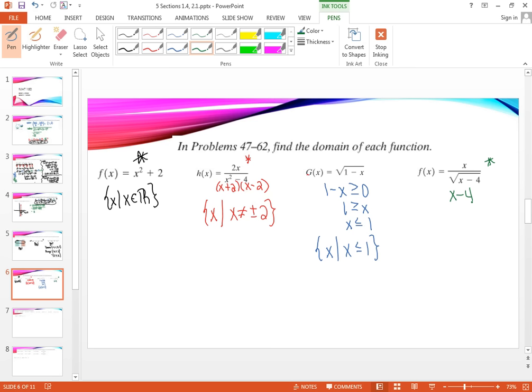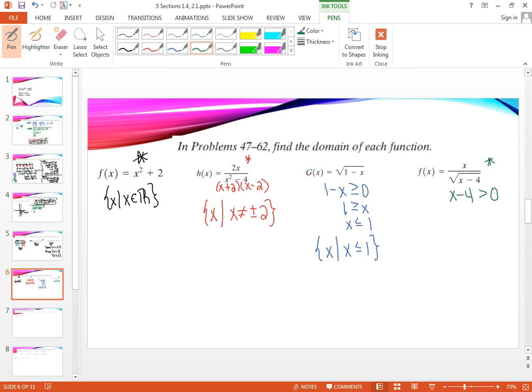So does it make sense if I put both the things together? So I've got a root and I've got a fraction. And so if I have to think about both of those things, what I know is that x minus 4 has got to be bigger than 0. Does that make sense? If I just had the radical, I'd say x minus 4 has to be bigger than or equal to 0. But that radical's sitting in the bottom of a fraction.